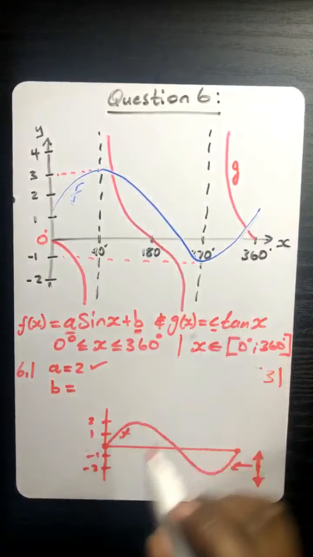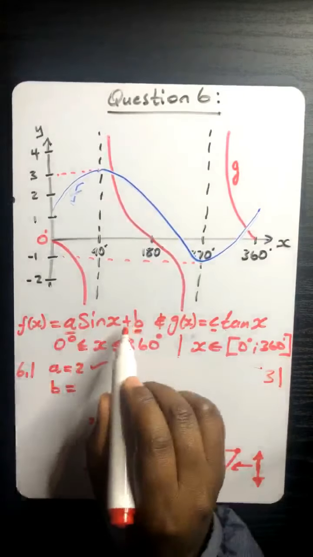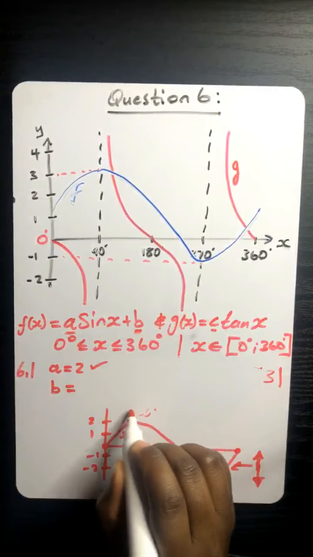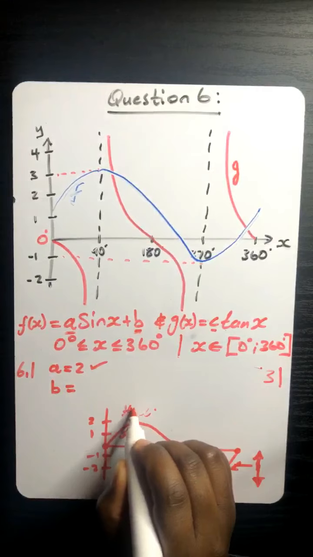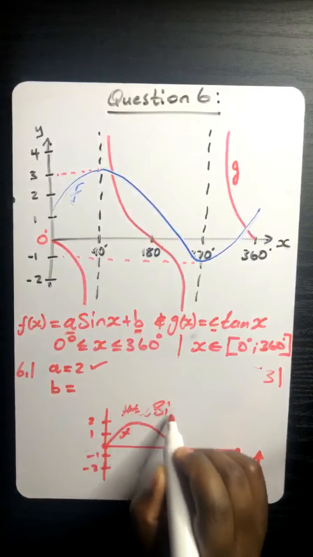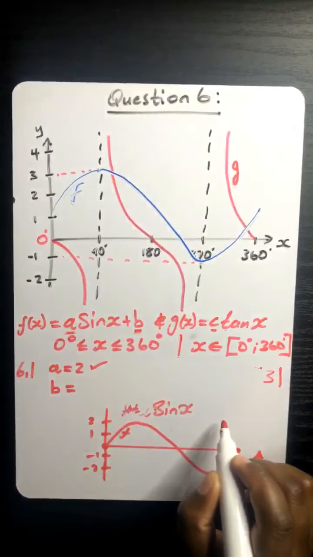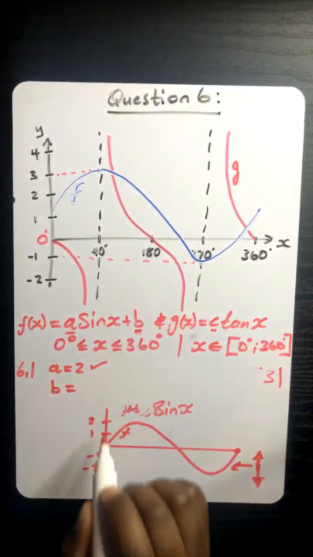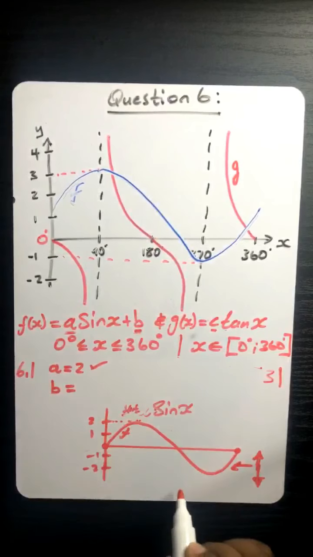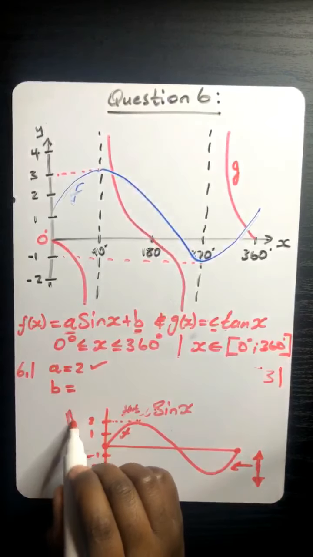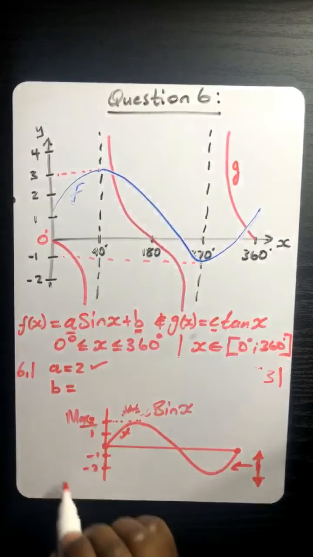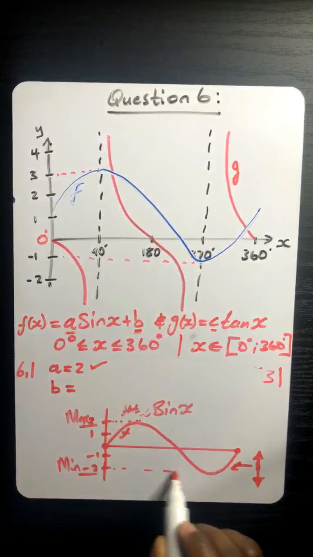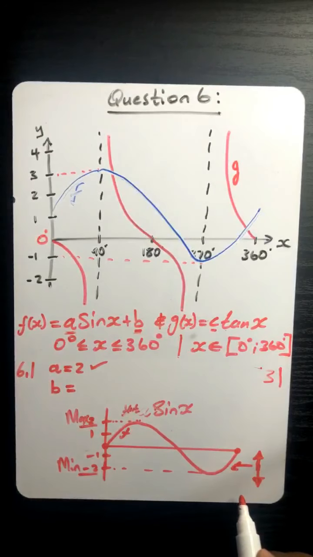Also for the sine function, if it did not shift, it was just going to be f of x equals a sine of x, and then it ends there. So its amplitude was going to be 2. The maximum value was going to be 2, and the minimum value was going to be the same value, which means it hasn't shifted.